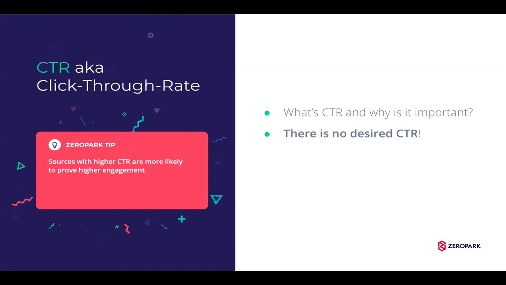So the CTR, the way I see it, it's a great tool to assess the level of engagement that your offer or your creatives tend to have. So what this means is if your campaign isn't getting any conversions, any really strong performance indicators, you can always use this CTR to identify, for example, the sources or the targets which tend to have a higher CTR.